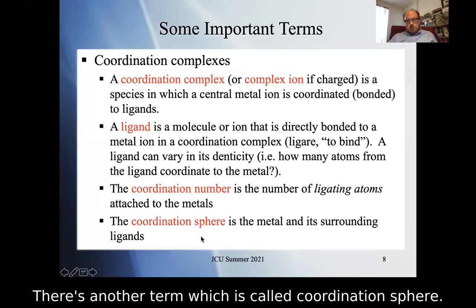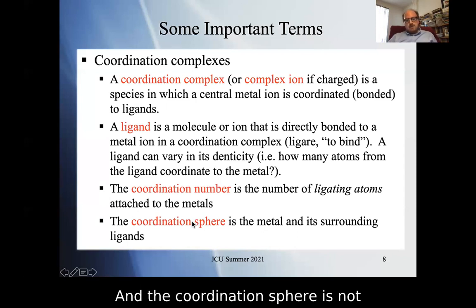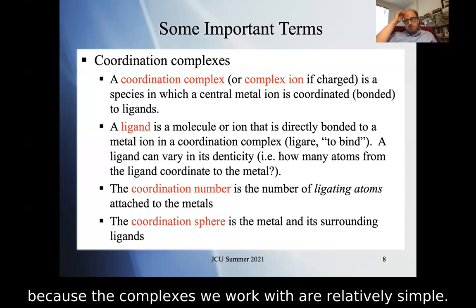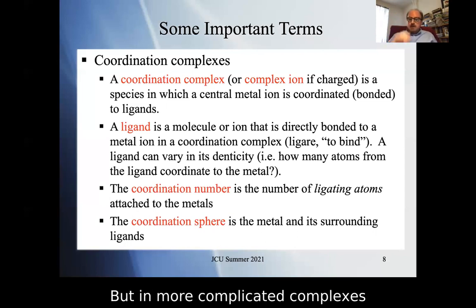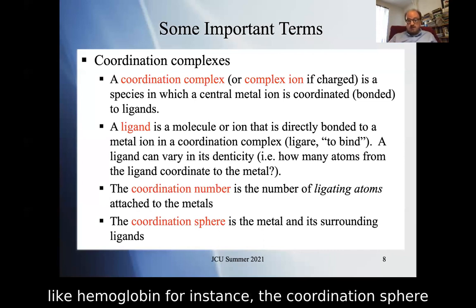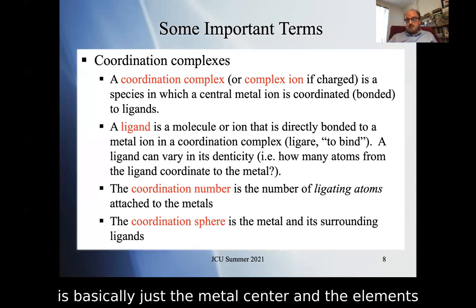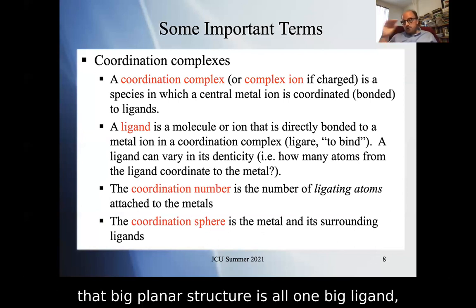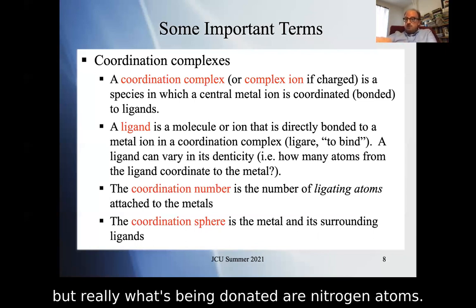Now, there's another term which is called coordination sphere. The coordination sphere is not super relevant to what we're going to see because the complexes we work with are relatively simple. But in more complicated complexes, like hemoglobin, for instance, the coordination sphere is basically just the metal center and the elements around the metal center. As we'll see with hemoglobin, that big planar structure is all one big ligand, but really what's being donated are nitrogen atoms.